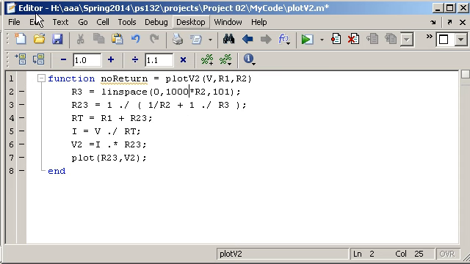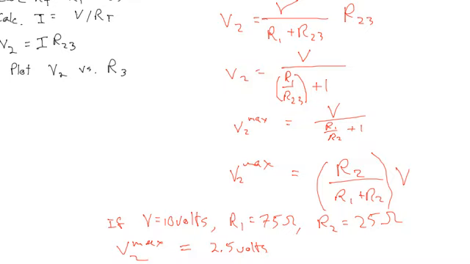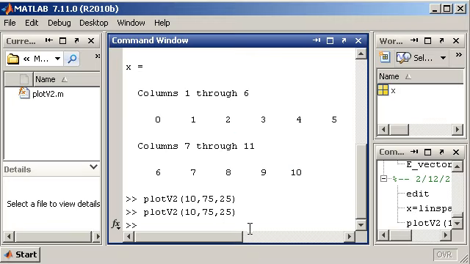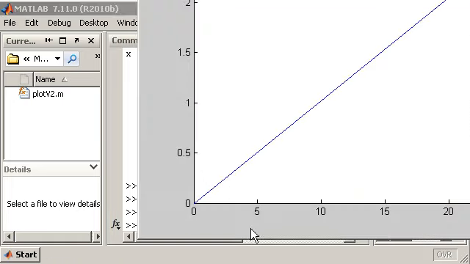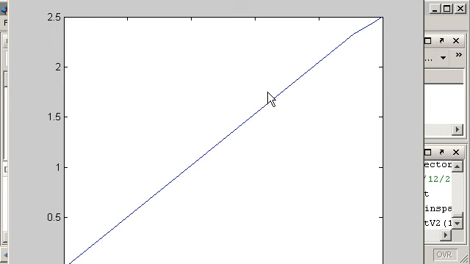I didn't really look at it mathematically, so there's no reason I should expect it to. So let's run it, and sure enough, it goes right up to 2.5 and stops there. I got a little kink in there, so that suggests that something funny is going on.